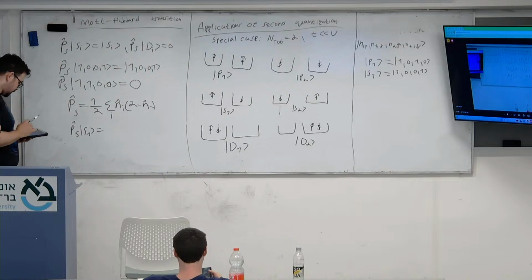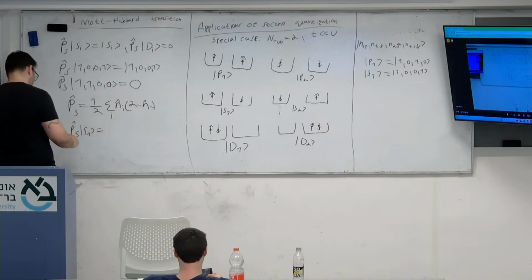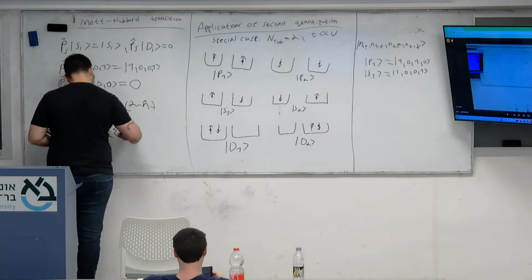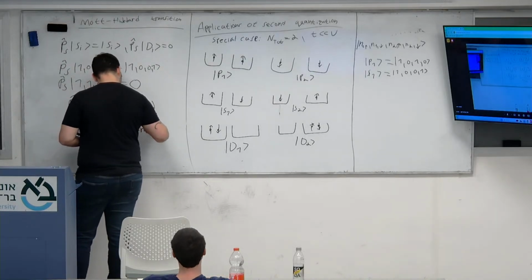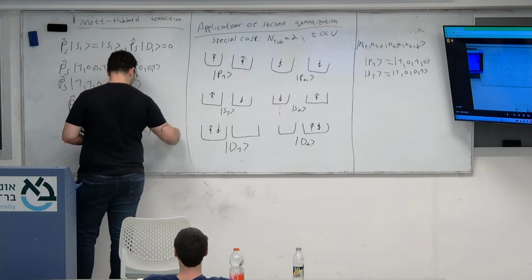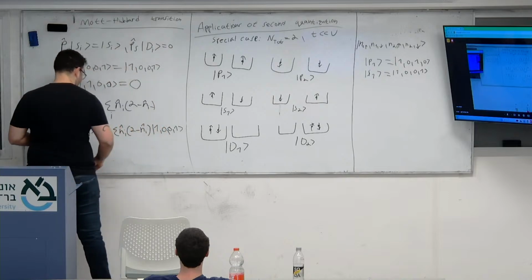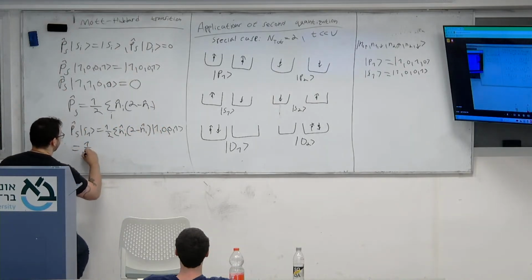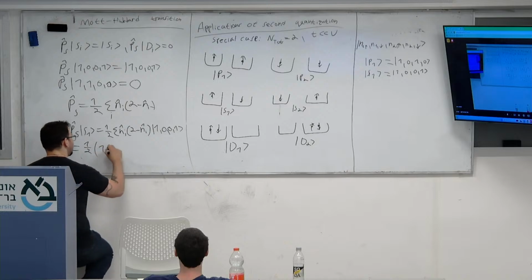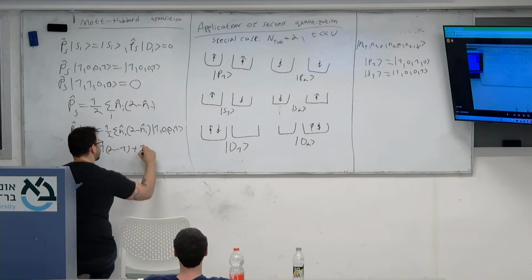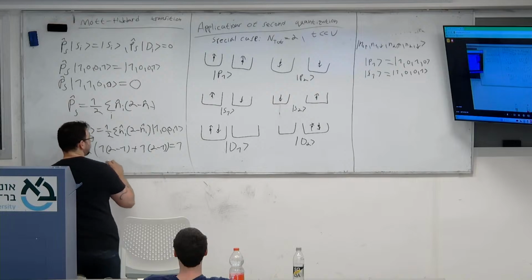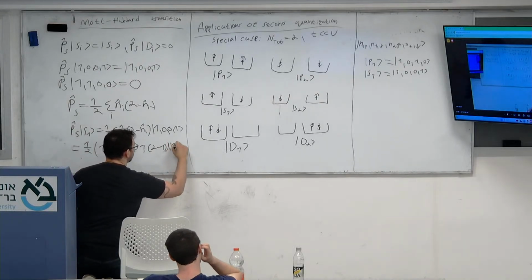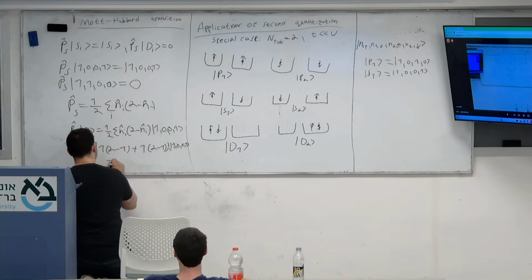So we have P_S equals 1 over half, sum of n_i times (2 minus n_i), applied to the state 1 0 0 1, equals 1 over half of 1 times (2 minus 1) plus 1 times (2 minus 1), equals 1 times the state 1 0 0 1.